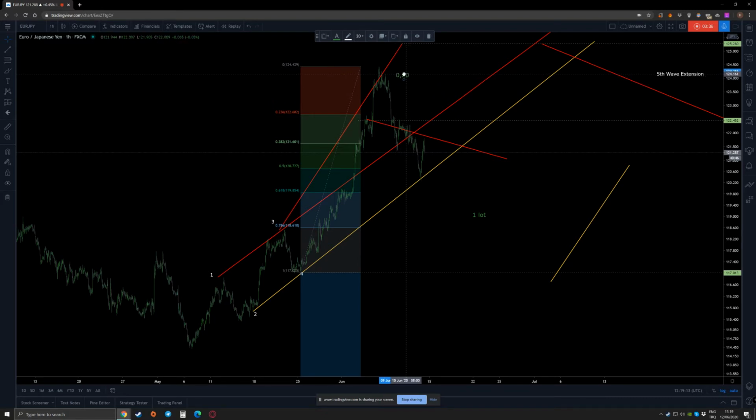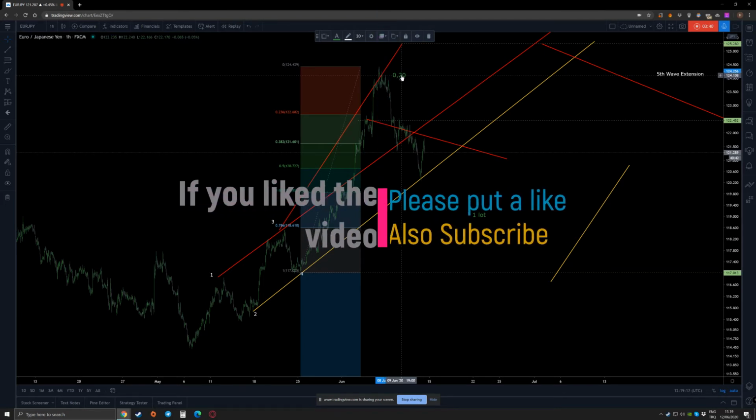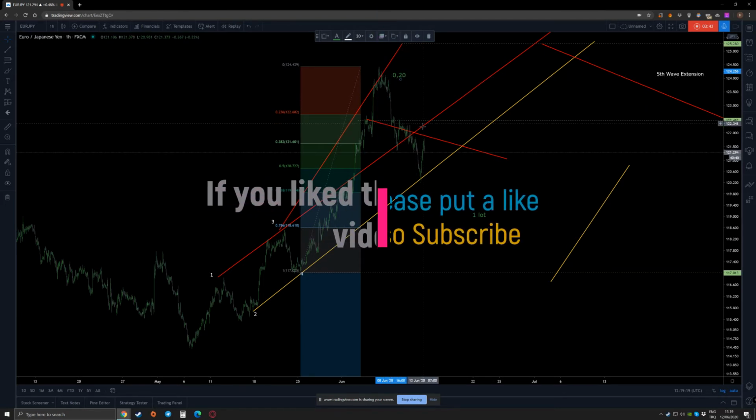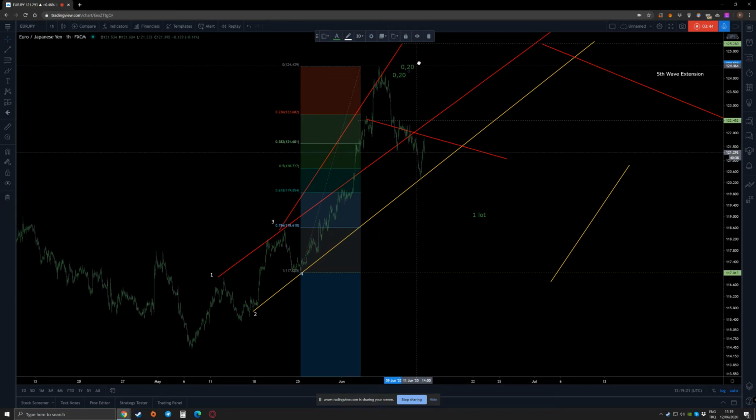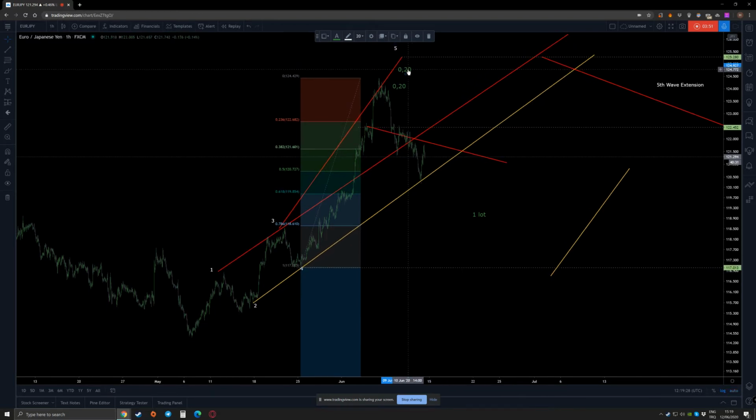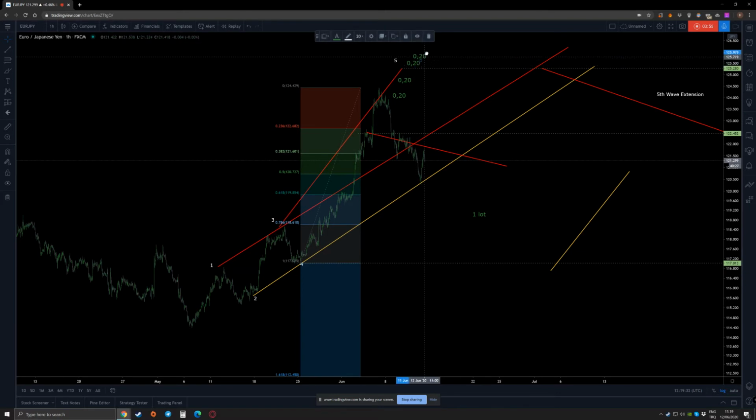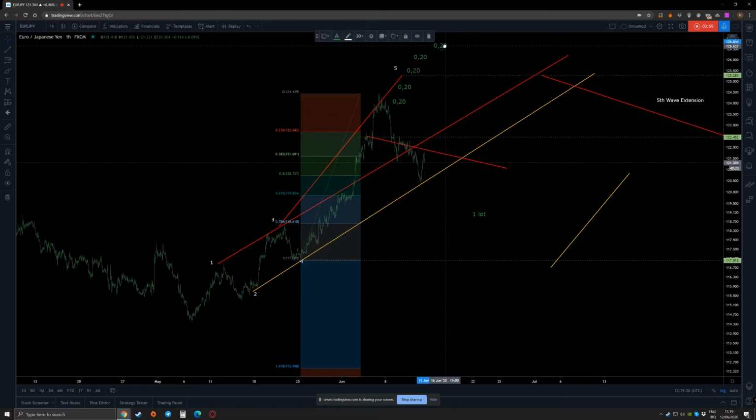So I would, for example, deploy one here and see what's going on. If the price is still going to my area, I would add another one, and another one, and another one, until I'm done with my one lot.